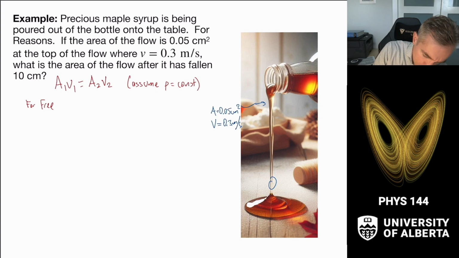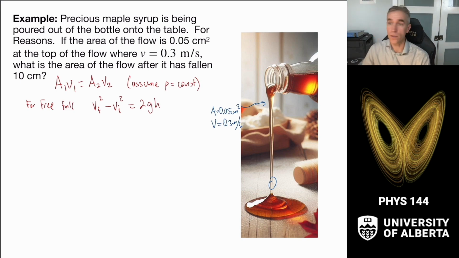So for free fall, we have the case that the final velocity squared minus the initial velocity squared is equal to 2 times g times the height that it falls. So that's one of our kinematic equations. And just from a constant acceleration moving downward, every particle is going to be subject to this. So that means that I can figure out what my final speed is.